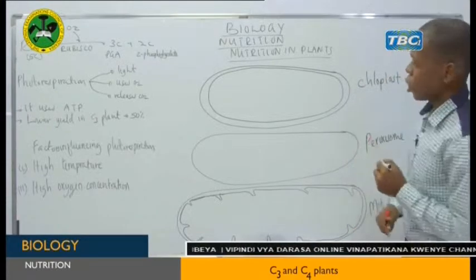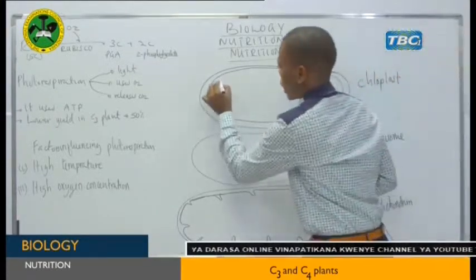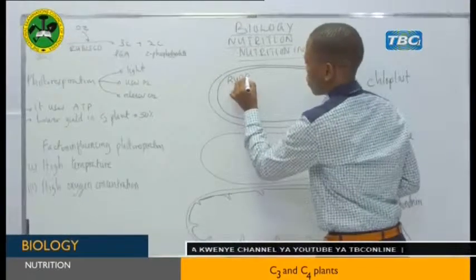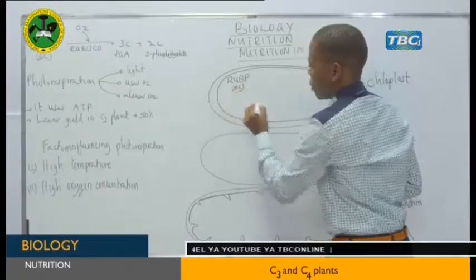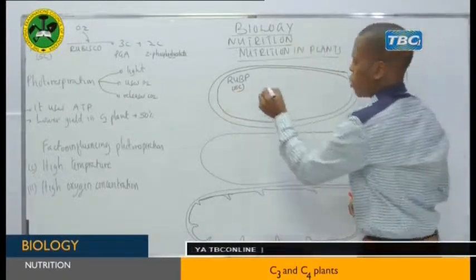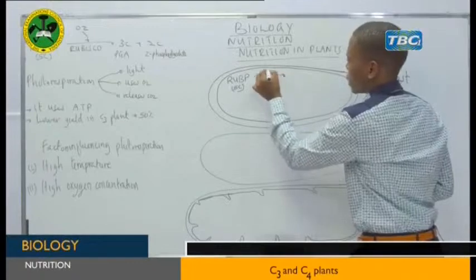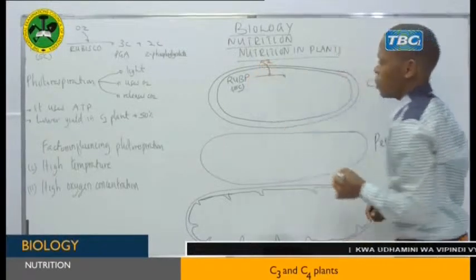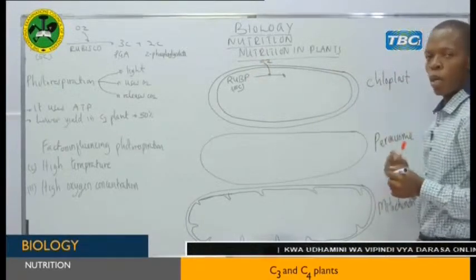In chloroplasts, there is a carbon dioxide acceptor, RuBP. This is a 5 carbon compound. The RuBP, once it accepts the oxygen, forms 2 molecules.